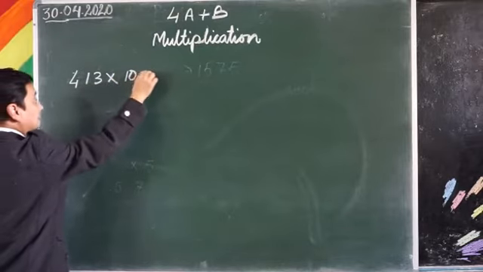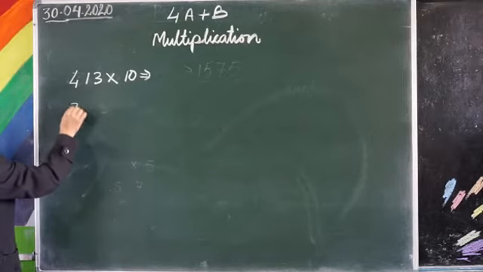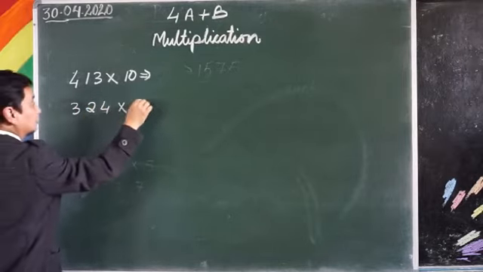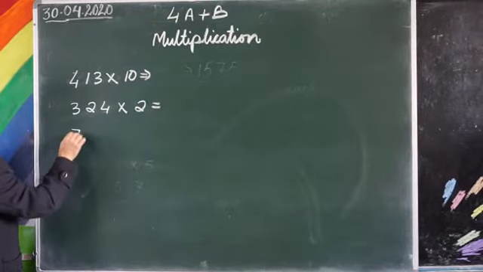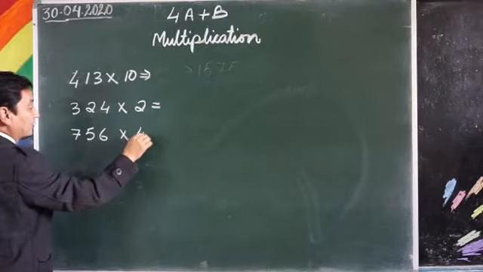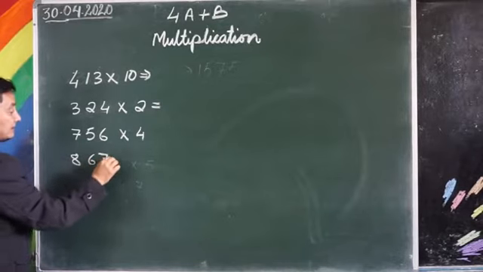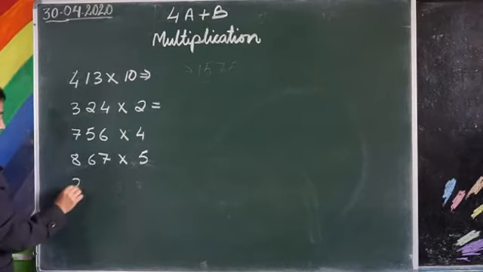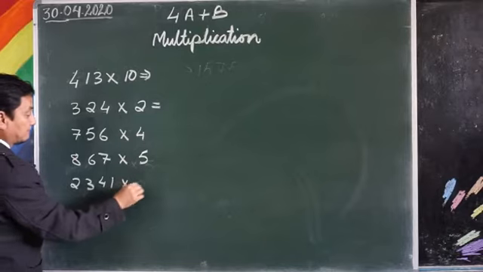This is a revision of previous work. So let me put some numbers now. 324 multiplied by 2. 756 multiplied by 4. 867 multiplied by 5. 2341 multiplied by 6.